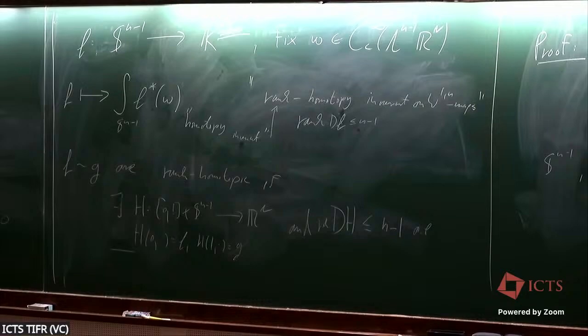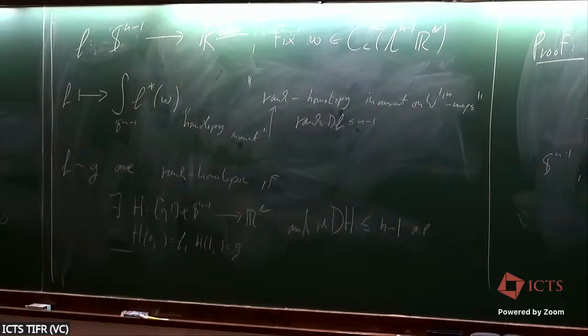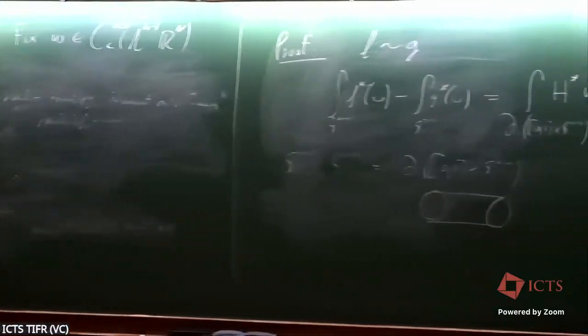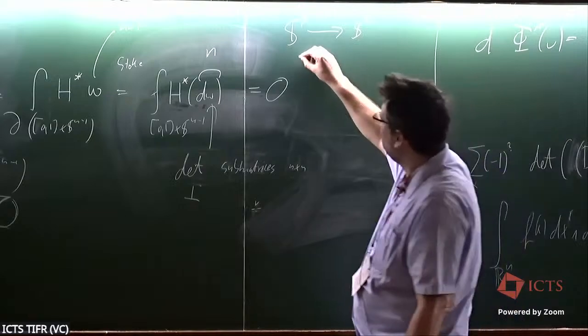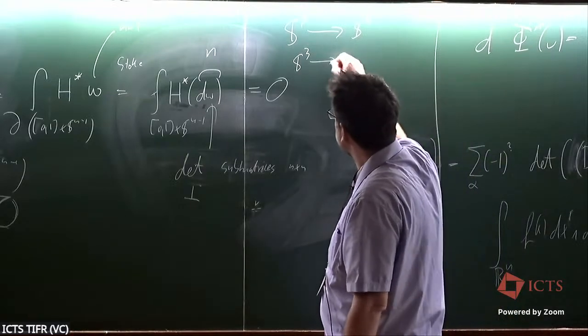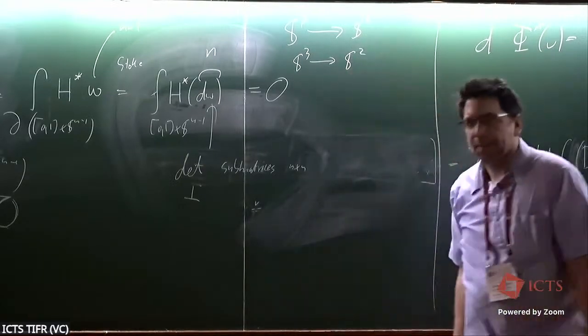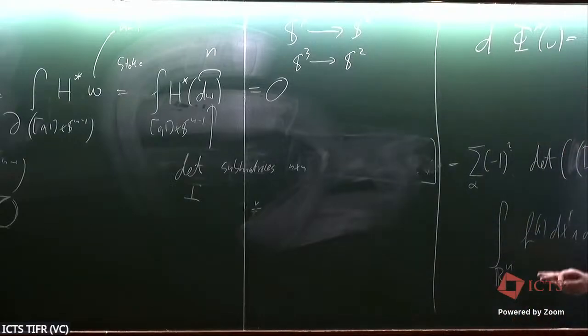So this here is, think of this as S^2 to S^2. It's a bit confusing because domain and target are the same, but okay. So now we can look at S^3 to S^2. Okay, and try to do the same thing.